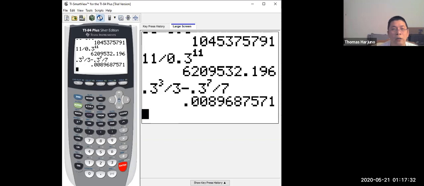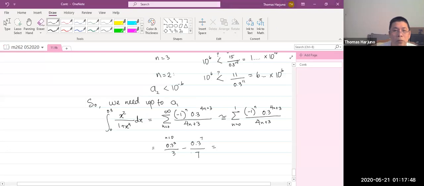So I get 0.008969. So this integral is approximately 0.008969. This is 6 decimal places.